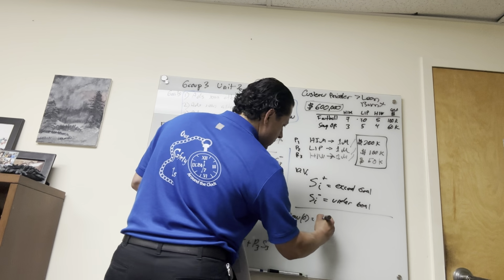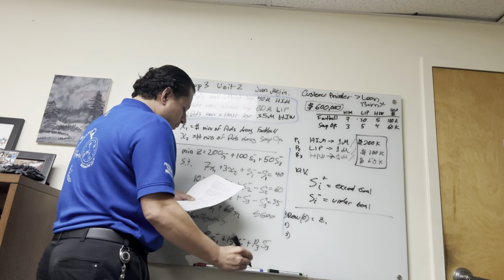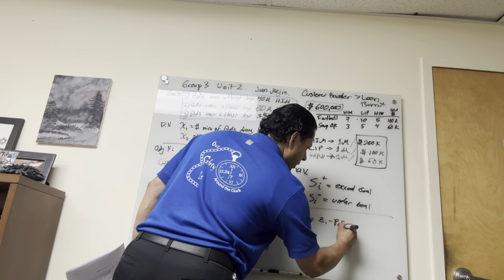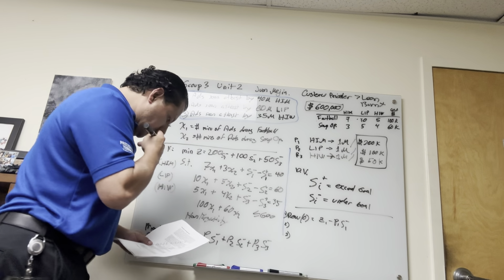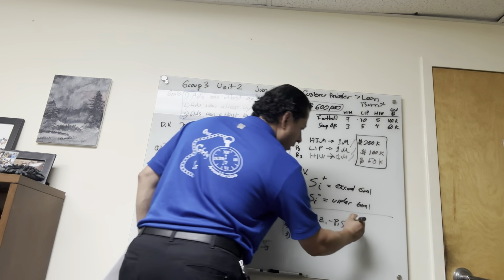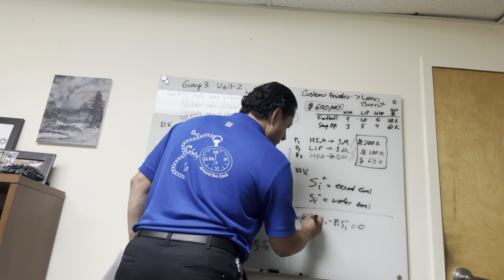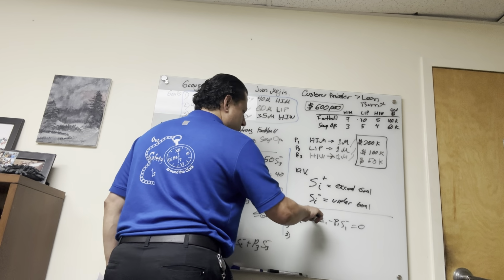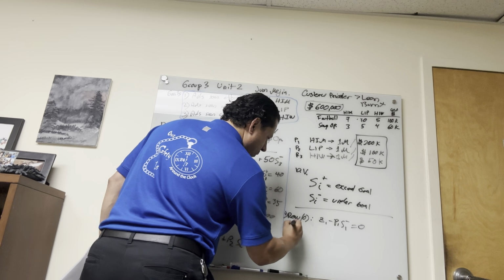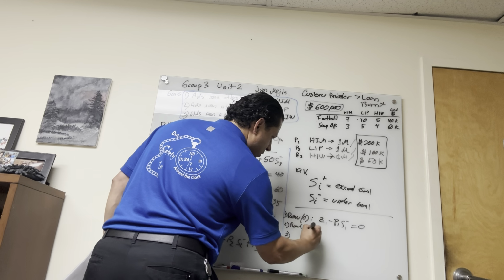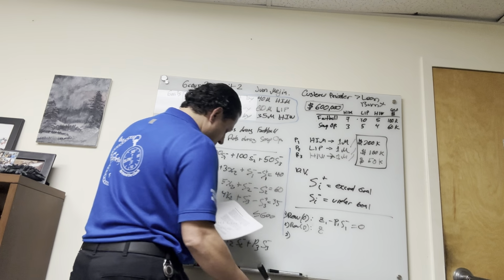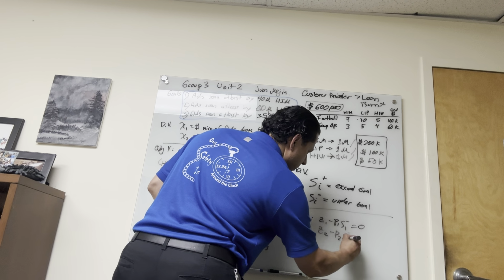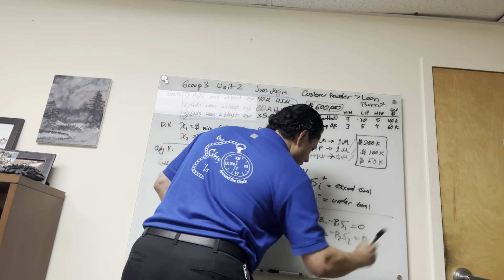It's going to be Z1 minus P1 as -1, and we equate this to 0. And then there's another row 0 for goal 2, which is Z2 minus P2 as -2, which we also equate to 0.